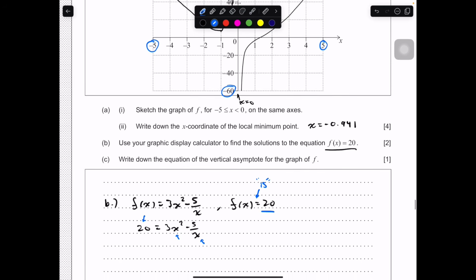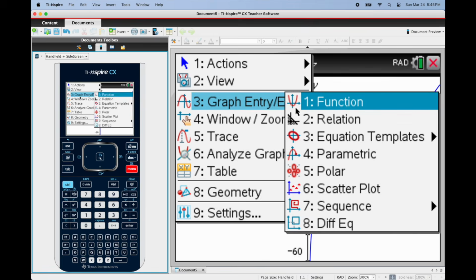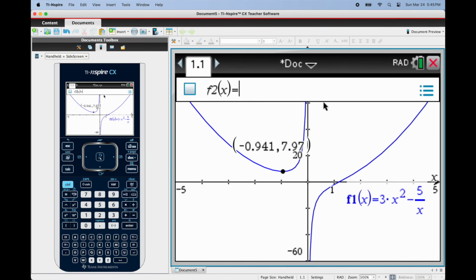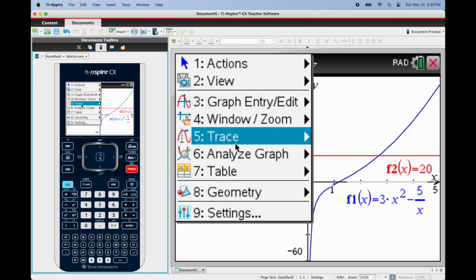So let's go ahead and solve this graphically. So menu, graph entry, let's create a function and let's write it as equal to 20. All right, so what are the solutions? That is to say, what are the intersection points?